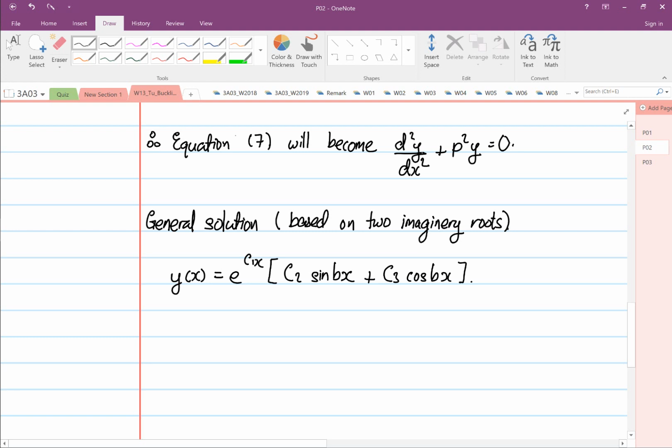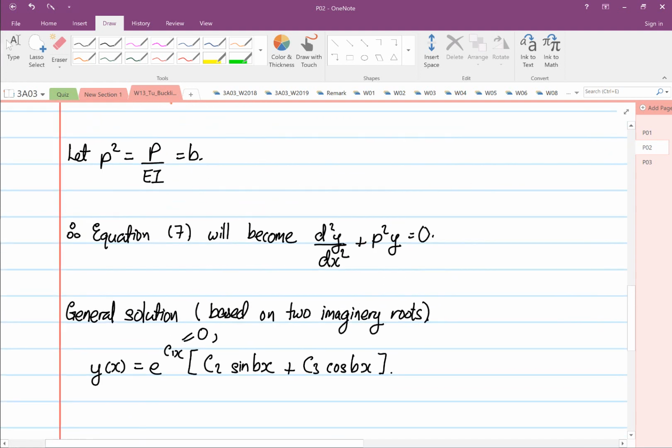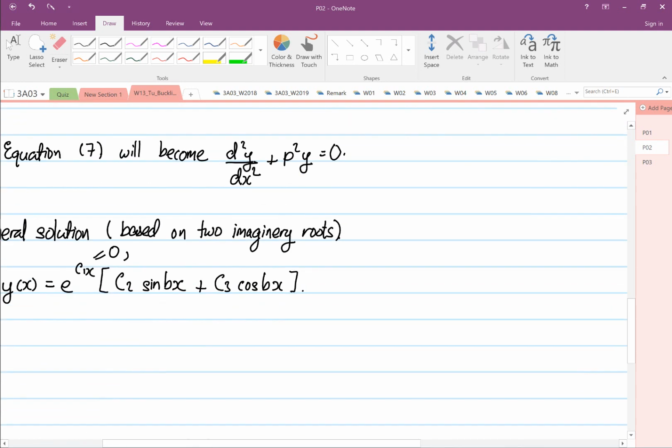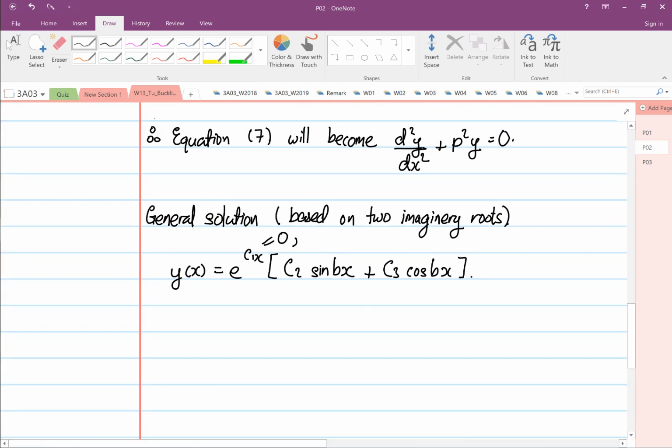As we know, this expression over here is equal to 0, because the coefficient on the dy by dx term is equal to 0. So this is how decay will die off.